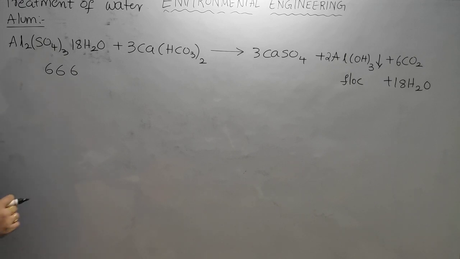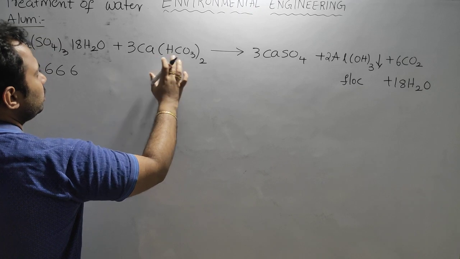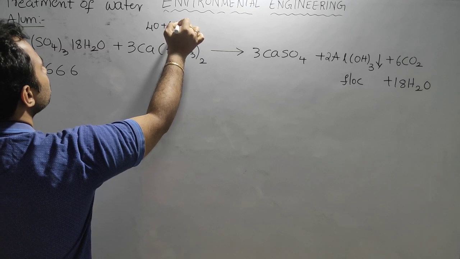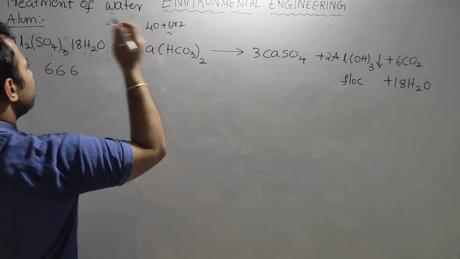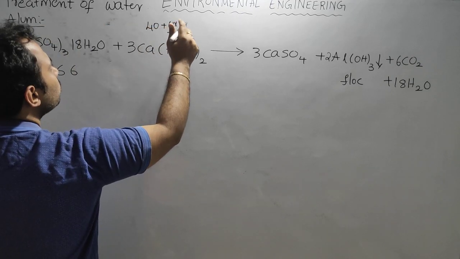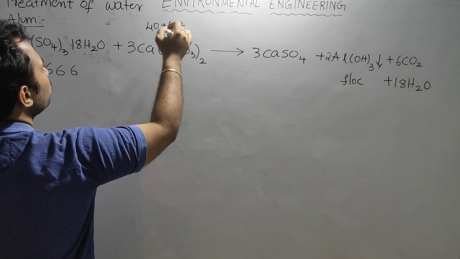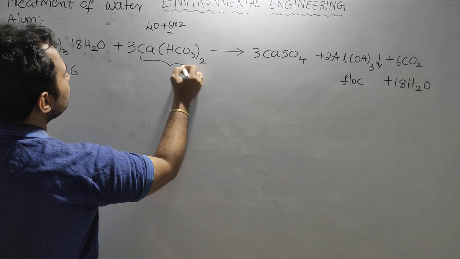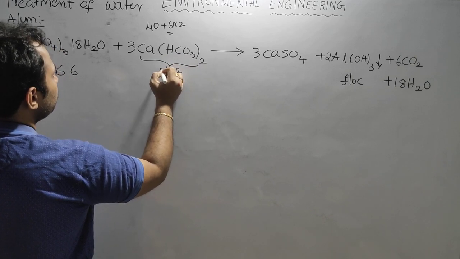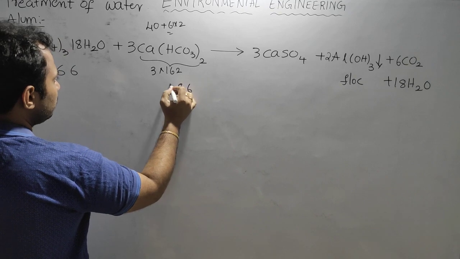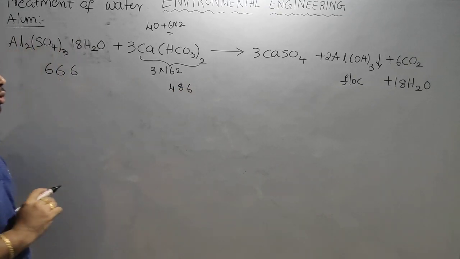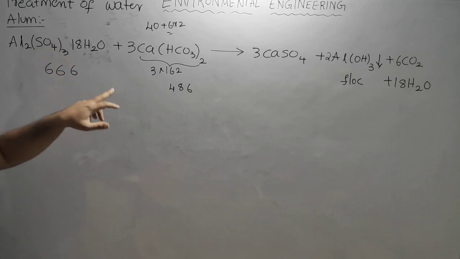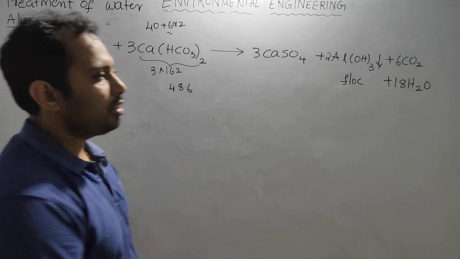And here calcium 40 plus 61 into 2, that is 162. Its molecular weight is 162 into 3, 486. So 666 units of alum needs 486 units of alkalinity as bicarbonate.